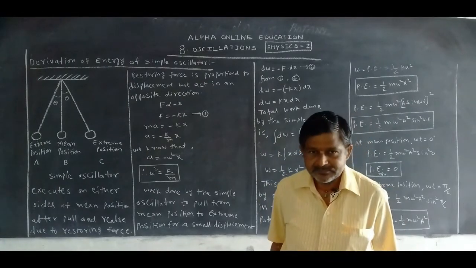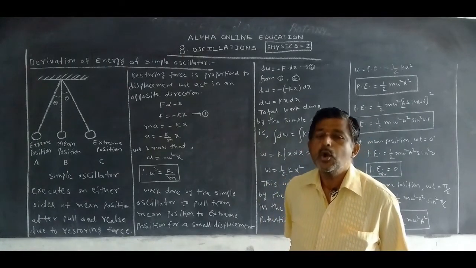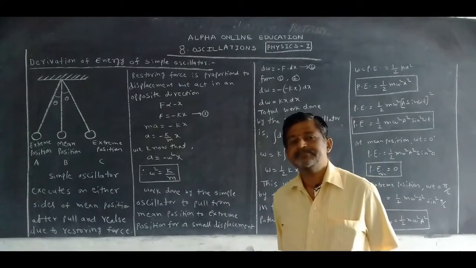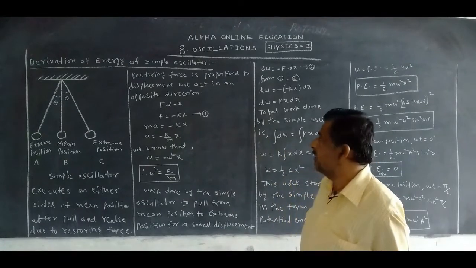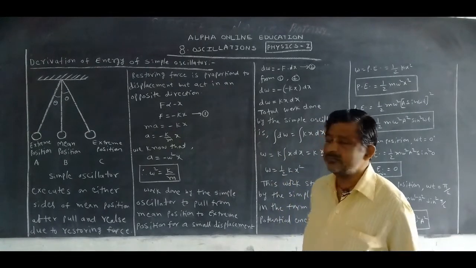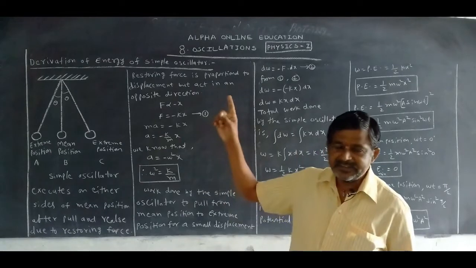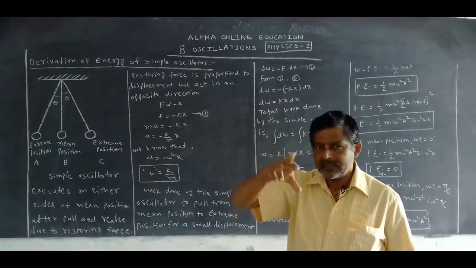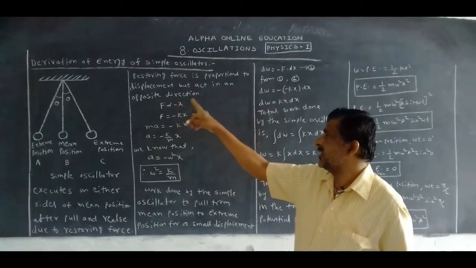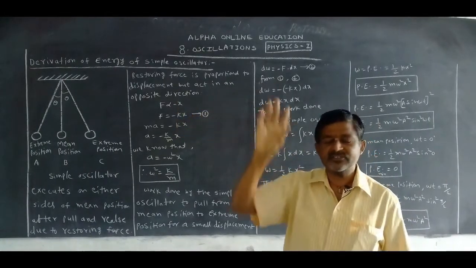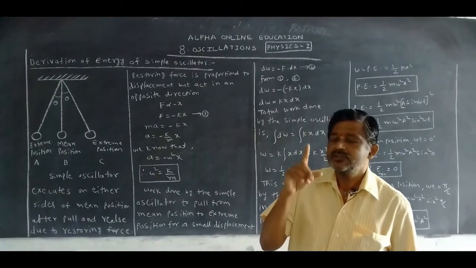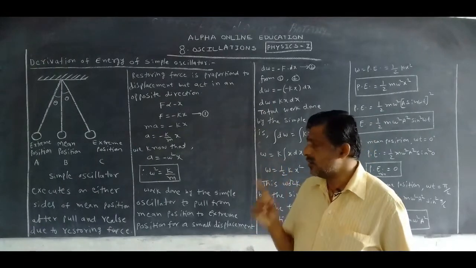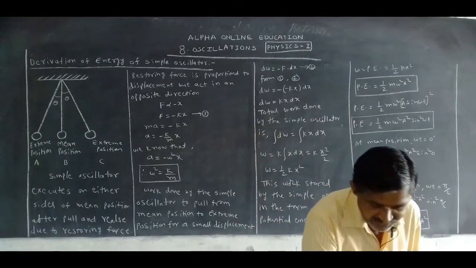Show that a simple oscillator obeys the law of conservation of energy, otherwise, derive the energy of a simple oscillator. We can get this topic in the examination in the form of two questions. The first question is direct: derive the energy of a simple oscillator. Otherwise, show that the simple oscillator obeys the law of conservation of energy.